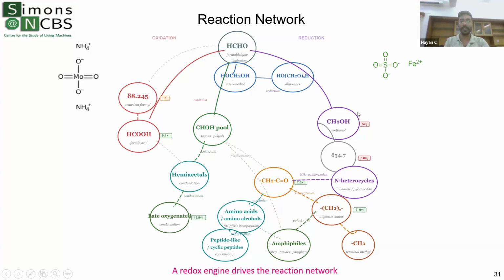These are the reduced branches of formaldehyde, methanediols, methanols, and other polyols, and this is the oxidized branch of formaldehyde, which is formyl or formic acid. And starting from there, one can get synthesis of different biomolecular classes. I can go through it in detail also in the discussion section.